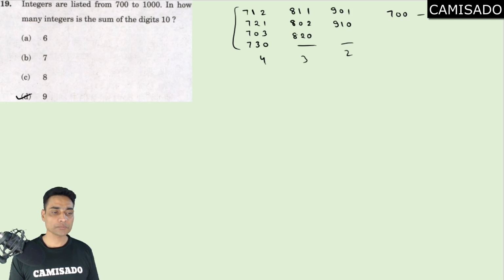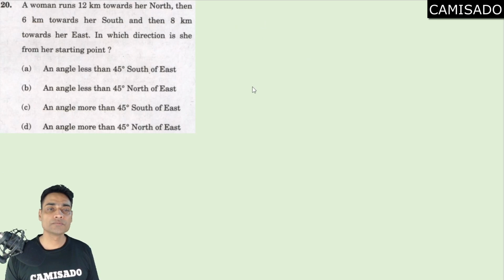Fine. Next. So again, a question based on direction, plus somewhat trigonometry is used here. I will tell you how to look into this particular problem. A woman runs 12 kilometers towards her north. Again, I am plotting this for you: south, north, then east, and then west.